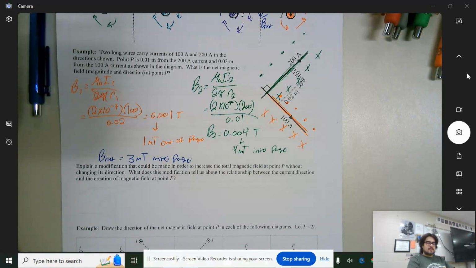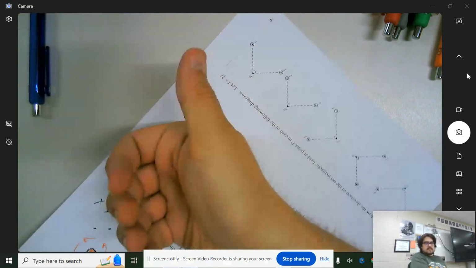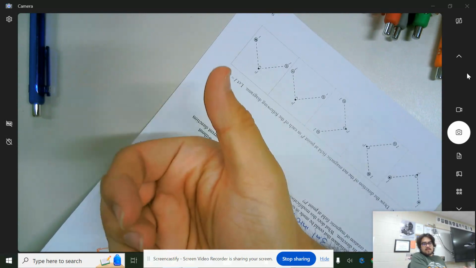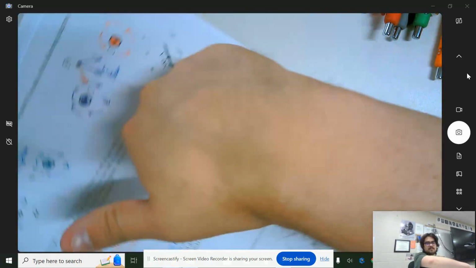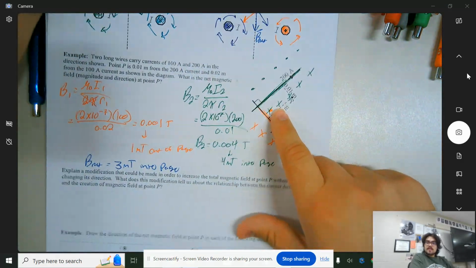Oh, wait a minute. Our right-hand rule tells us that right now it's going to come out of the page, right? Wait, but if I flip it, oh, now it's going to go into the page. That's what we need.